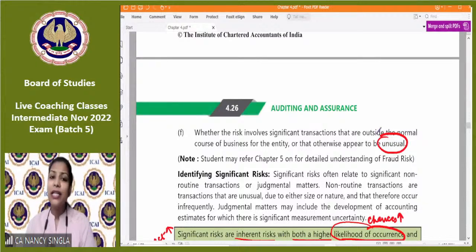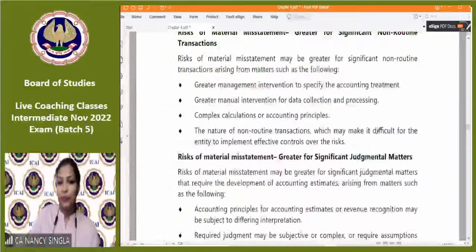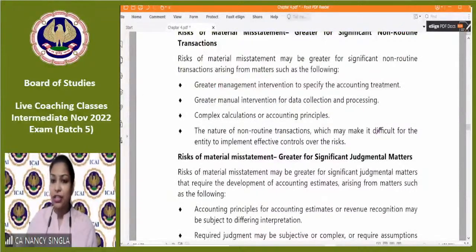Now let us try to understand two examples of significant risk in detail. So it says that where there are non-routine transactions or judgmental matters, where judgment is involved, these are significant risks. So the risk associated with these matters becomes significant risk. Now let us try to understand why. See, non-routine transaction.